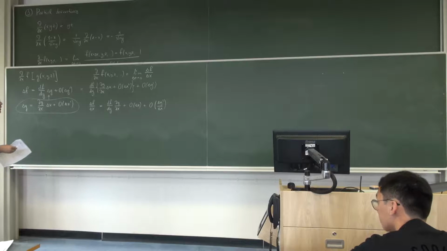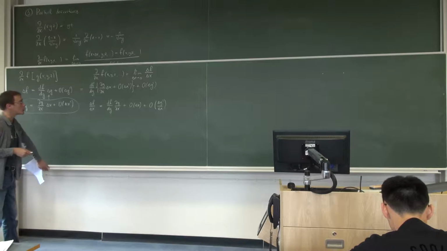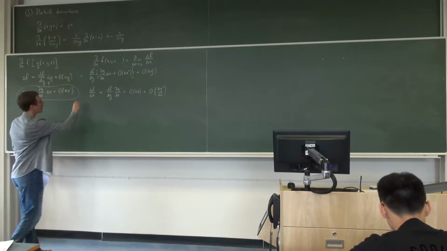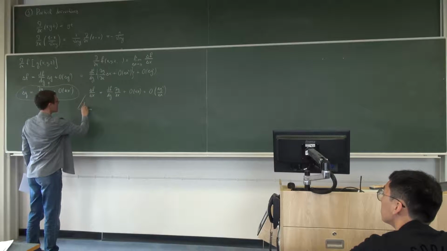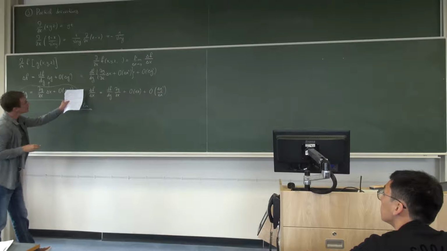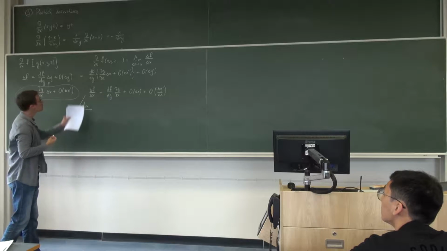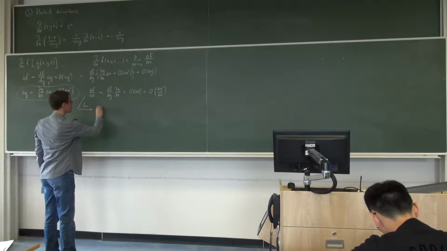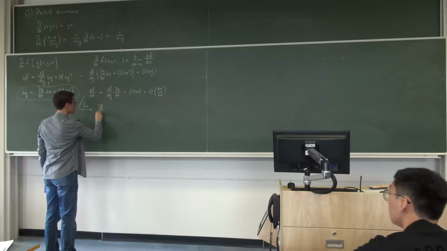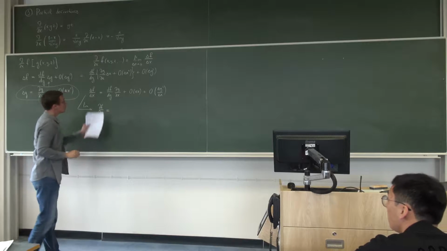And let's now take a look at what happens when we take the limit of delta x going to 0. Well, delta f by delta x clearly becomes just the derivative. So this is d f by dx. The df by dg times dg by dx stays put.